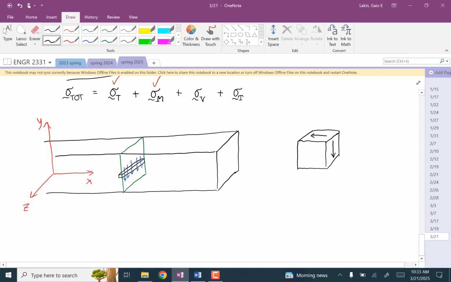If we look at these stress cubes straight on, where z is this way, these would be a downward stress there, one like this, one like this, and one like this.